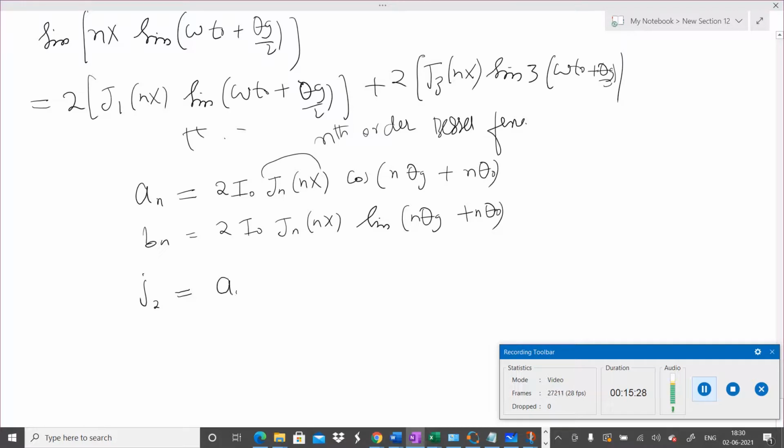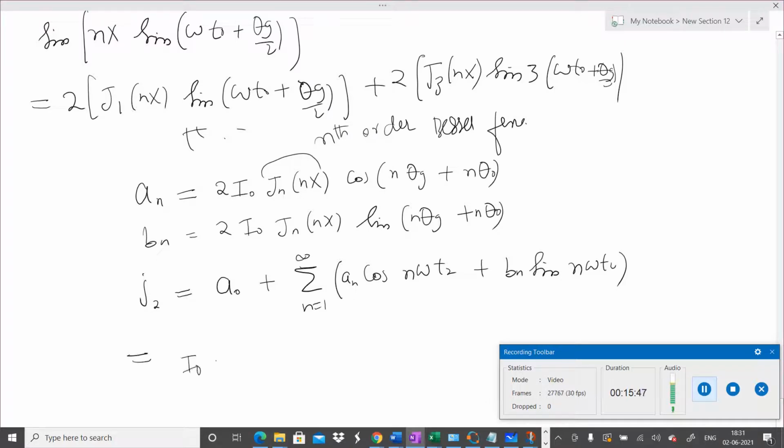I2 is equal to A naught plus summation An cos of n omega t2 plus Bn sine of n omega t2. Now we can substitute these values.